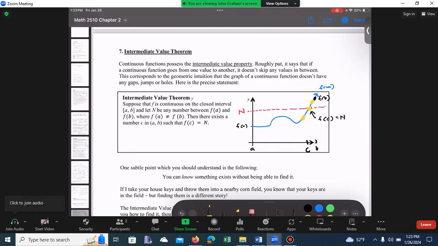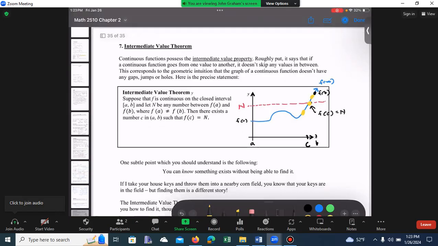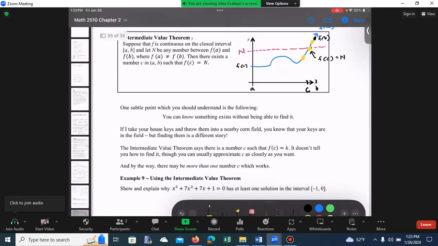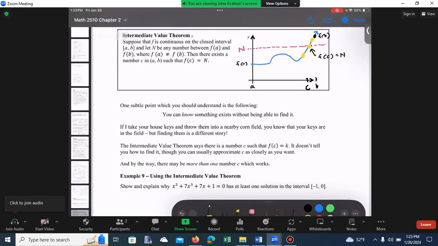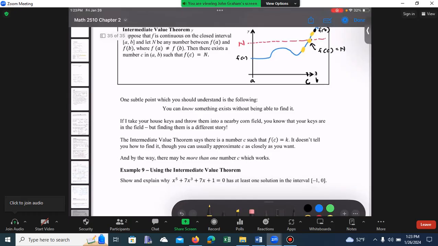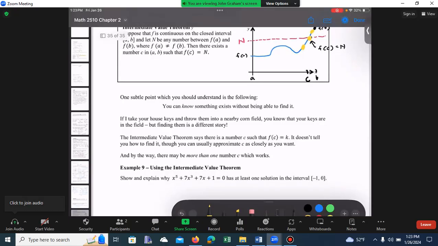We used this in algebra before to show where an x-intercept is, using the line x equals 0 as the number n in a sense. Because it's continuous, a point is going to be defined there. You just may not know exactly where it is.